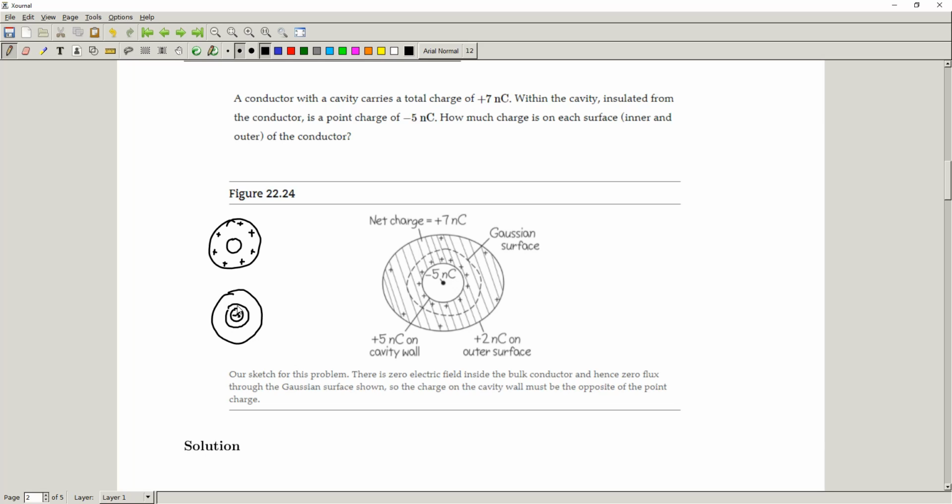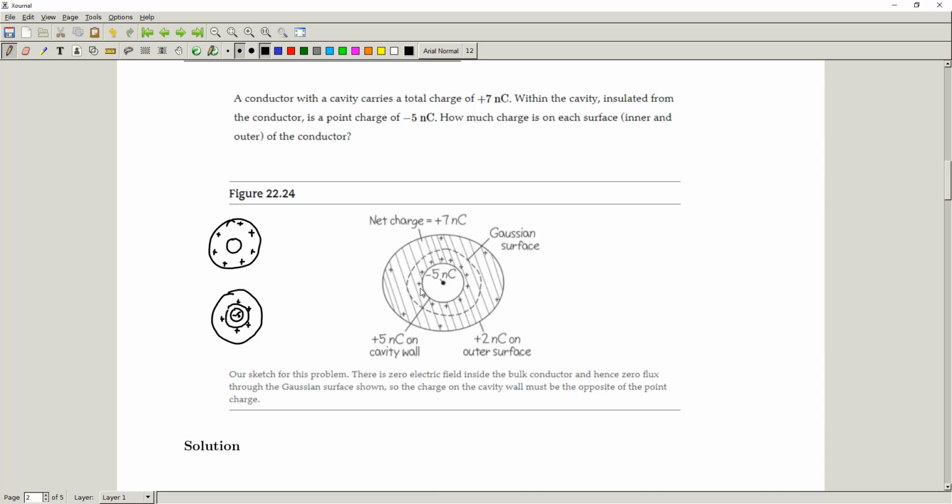Well, the charge in our conductor has to rearrange itself so that when we draw this Gaussian surface that we see here, it encompasses no net charge. We have minus 5 in the center, so we need plus 5 building up along the inner surface. Now when we wrap this thing in a Gaussian surface, we have this setup.